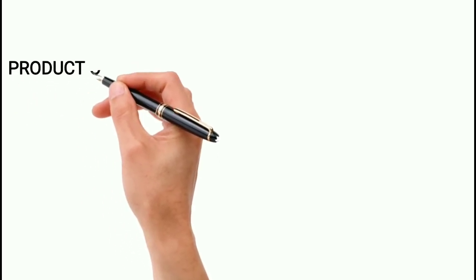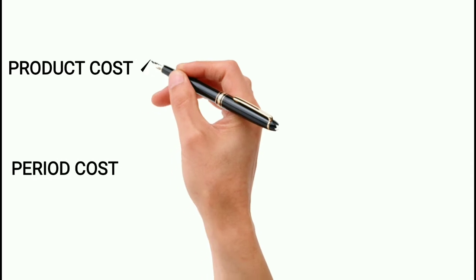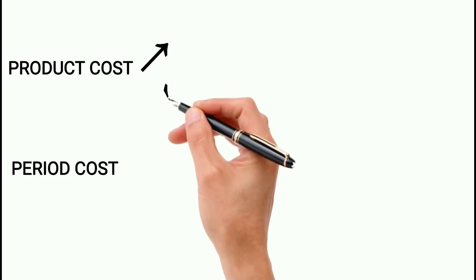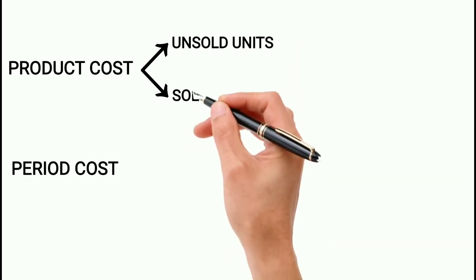Before anything else, let us first review the product cost and the period cost. These costs are very important in our topic for today, absorption and variable costing. Recall that product cost is an inventoriable cost, and this product cost is subject to allocation between the unsold units and sold units.